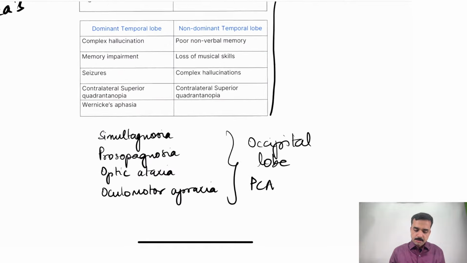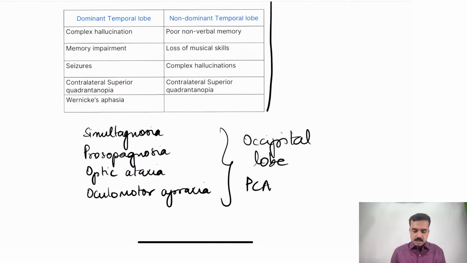Occipital lobe lesions can lead to simultagnosia, prosopagnosia, optic ataxia, oculomotor apraxia. So actually, simultagnosia of course is in the occipitotemporal region.